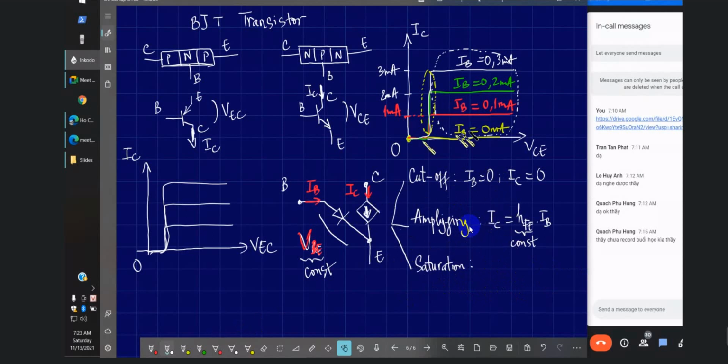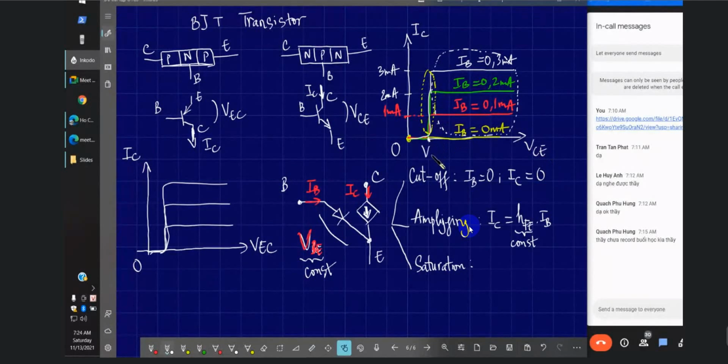Just a review. In saturation mode, we can see that VCE keeps constant. No matter what the operation point is, we point to the horizontal axis, the VCE axis, we will see the same result, right? And that same result is constant.